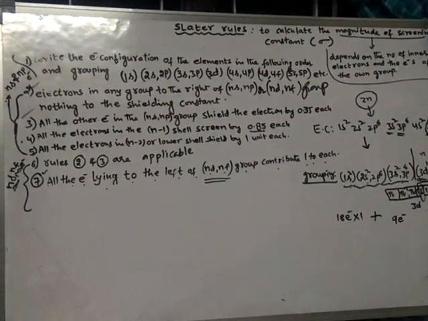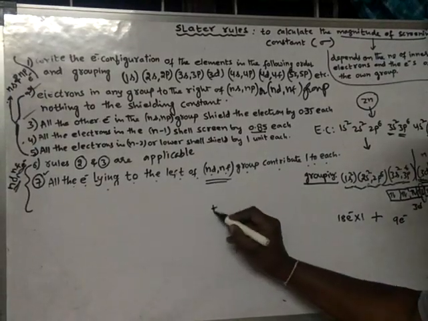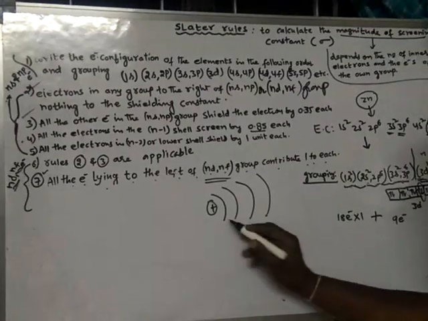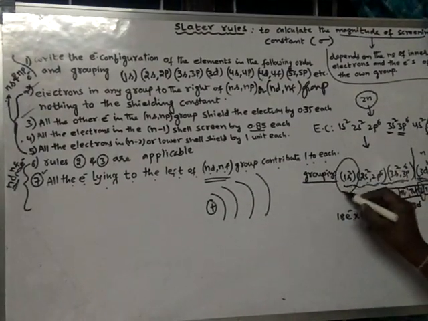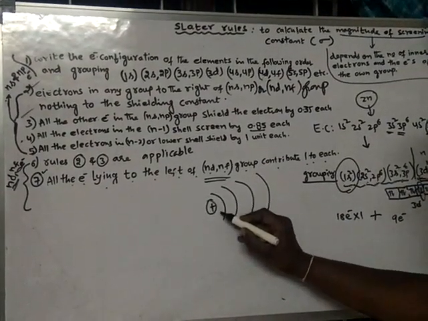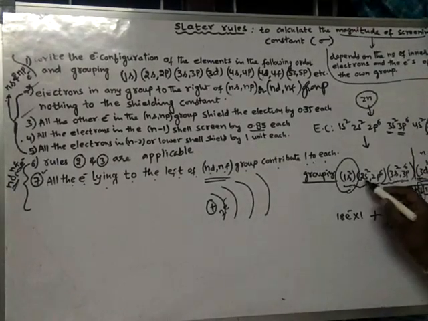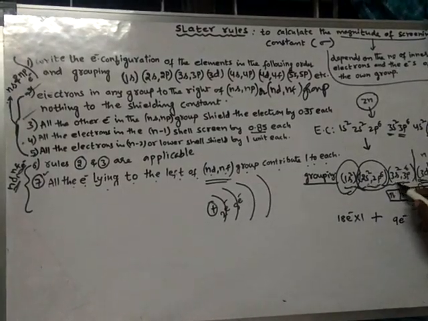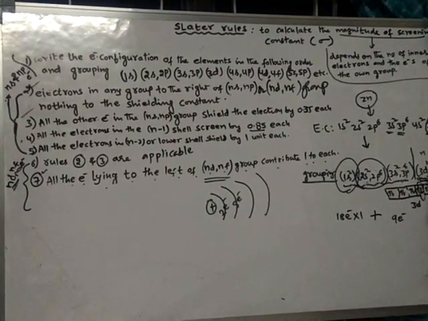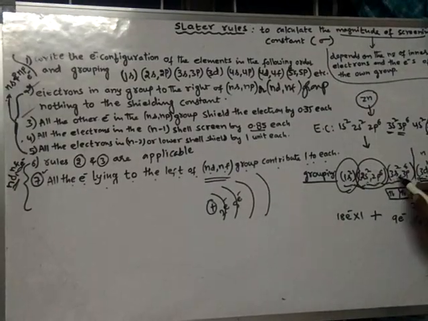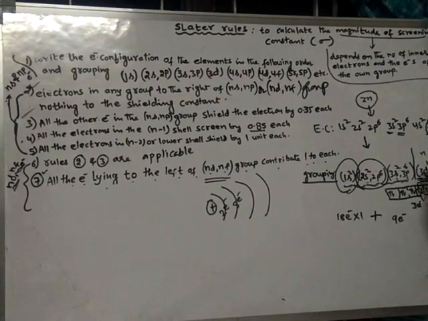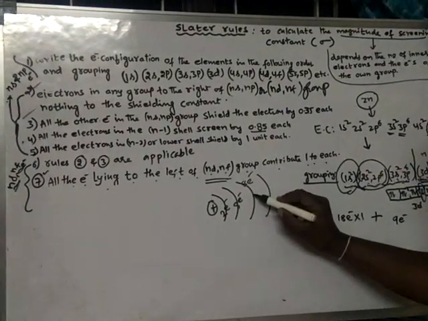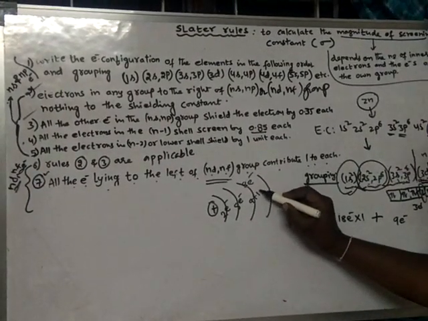Suppose this is the nucleus, first orbit, second orbit, third orbit and fourth orbit. The first orbit contains 2 electrons. The second orbit contains 8 electrons. The third orbit has 2 plus 6, that is 8 electrons, plus 9 plus 1.